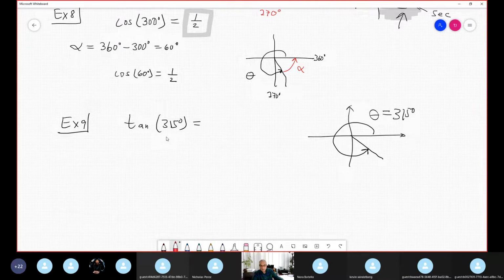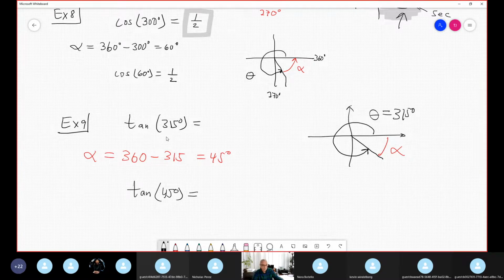My reference angle is this, alpha, and alpha is 360 minus 315, which is 45. And magically, always, when you find alpha it lies in the first quadrant, an acute angle. And I know for sure, 100%, that tangent 315 degrees is equal to tangent 45 degrees, at least the value, not the sign.